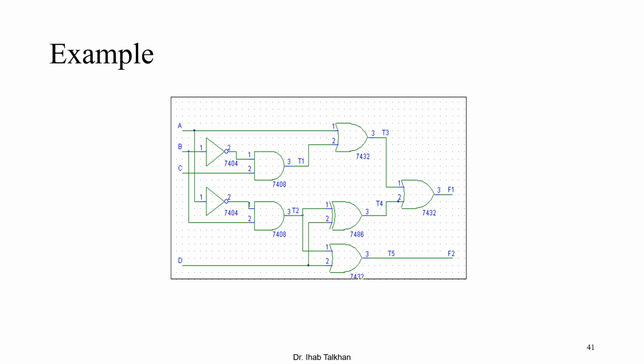So at the end you can find F1 as a function of A, B, C, D and F2 as a function of A, B, C, D. What we did at the beginning was label all the outputs of the gates, T1 to T5, with F1, F2 and A, B, C, D as inputs, and then we moved from inputs to outputs until we found the relationship between F1 and F2 and the inputs. Let us see in the next slide how this is done by equations.